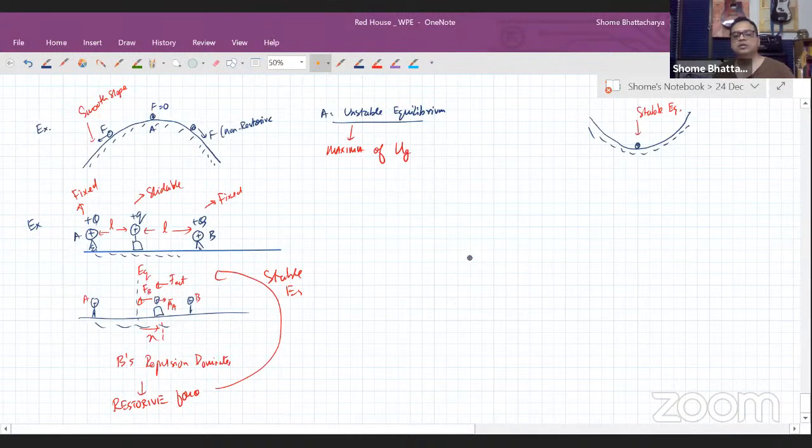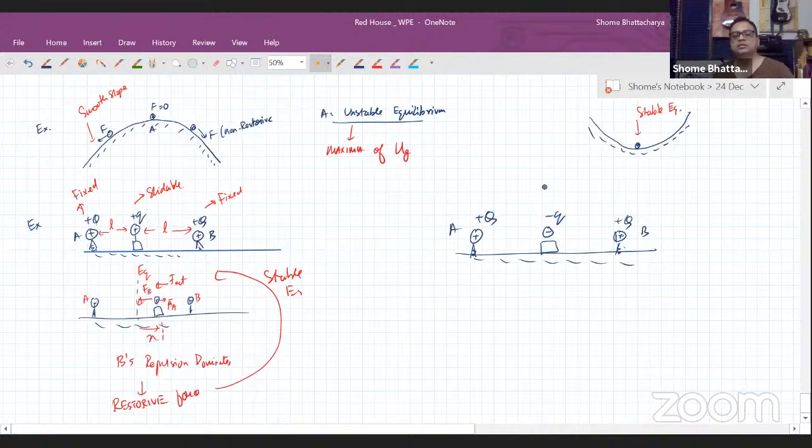Whereas in the same system, suppose I take the particle on the block as a negatively charged particle, it is minus q, and these two are plus q. Now you will see that the same thing will become an unstable equilibrium, because the attractive force of one will dominate over the attractive force of the other when you bring it near. So here net force is 0.